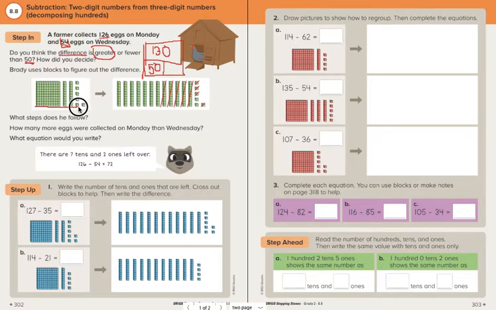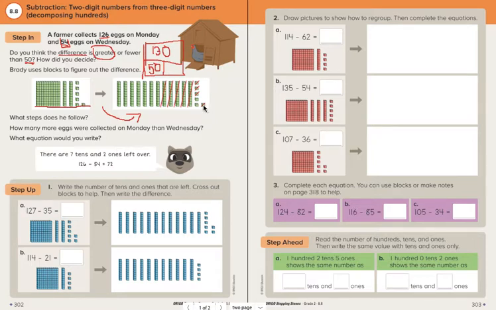He has 126 here, but he is going to have to do some trading to be able to take away the 54. So he started off with 126 and he went over here and look, he still has 126, doesn't he? 10, 20, 30, 40, 50, 60, 70, 80, 90, 100, 110, 120, 125, 126.